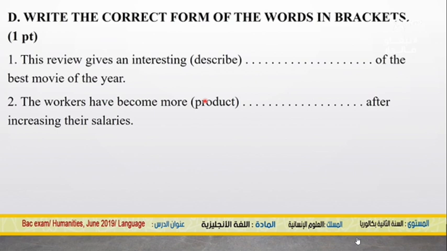Number 1, the review gives an interesting, and the word we have here is describe, gap of the best movie of the year. Number 2, the workers have become more, and the word we have here is product, gap after increasing their salaries. Well, in this exercise, as I said, we're talking about word formation.